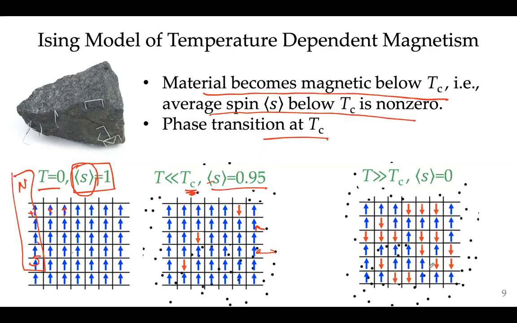And if you calculate the average spin, which gives you the magnetism, you would actually get 0. So these two configurations correspond to a magnetic phase. But this one above TC is non-magnetic. So this is a phase transition happening here.